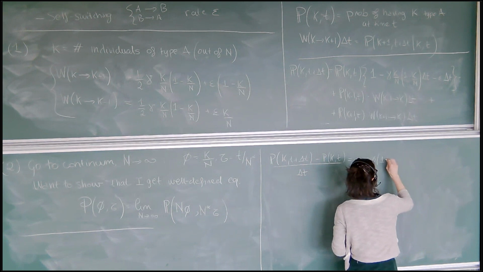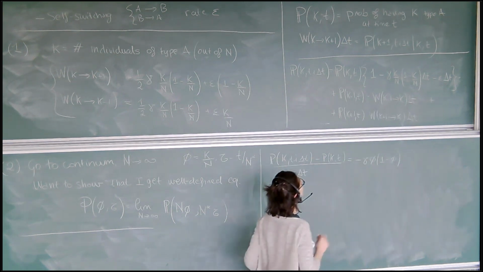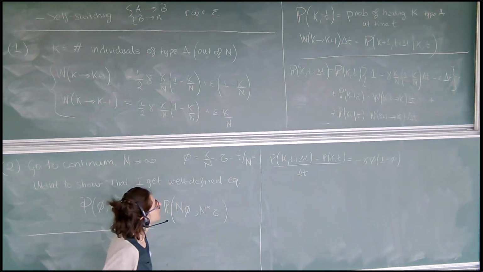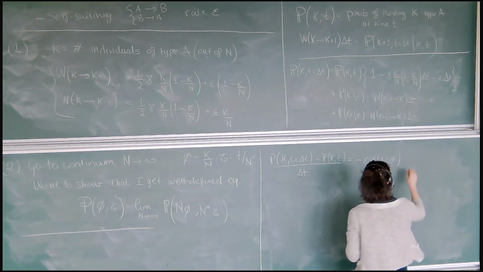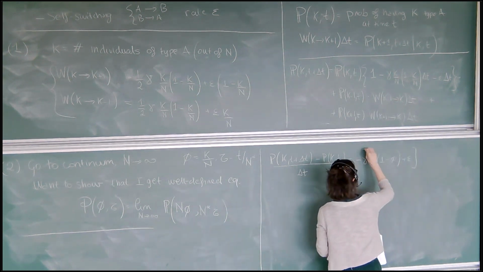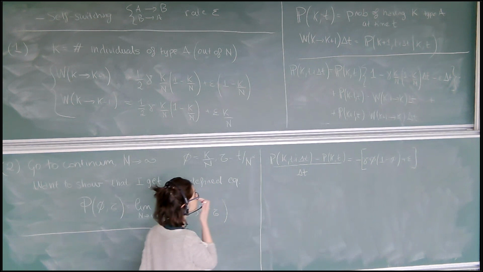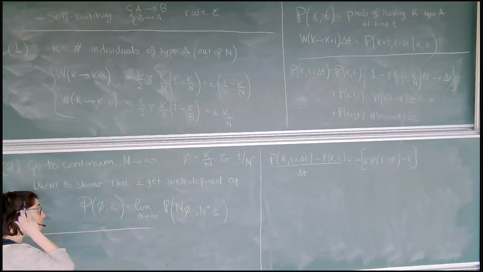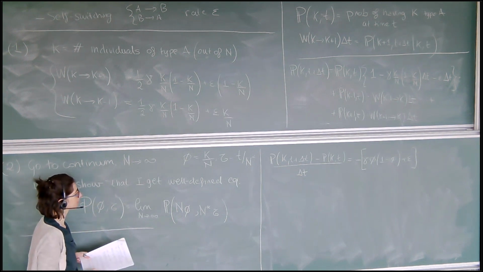Then I have 1 minus phi, and then I can also put plus epsilon in here. And everything is multiplied by my probability of k and t.